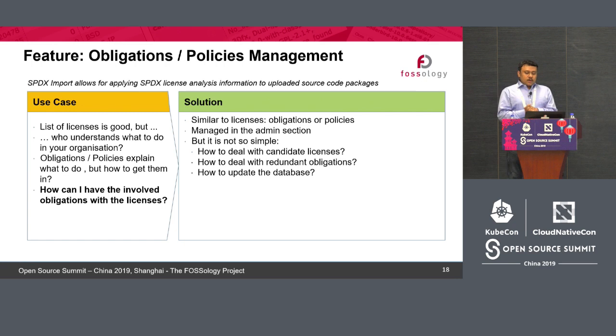FOSSology also provides you a very good interface to manage your obligations and organization policies against the licenses. You just need to define those obligations, and using CSV import, you can import them in the FOSSology interface. Against the license, when you generate the report, obligations are automatically included in the report.